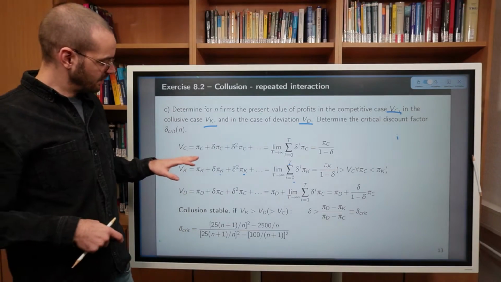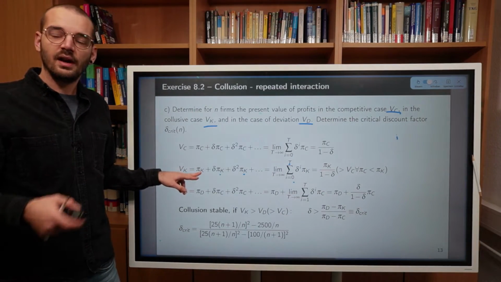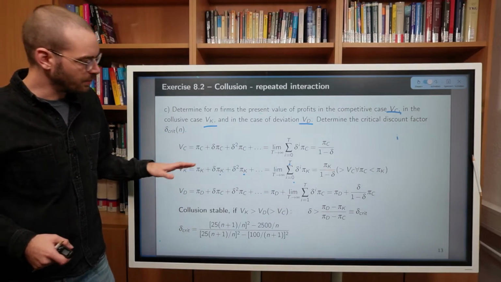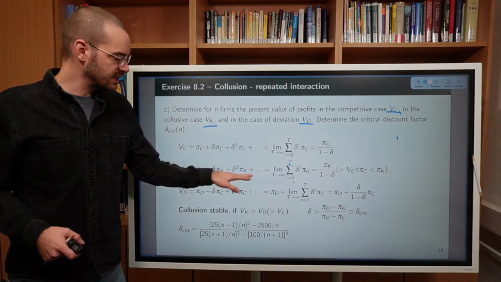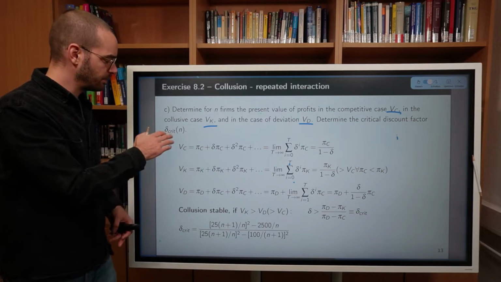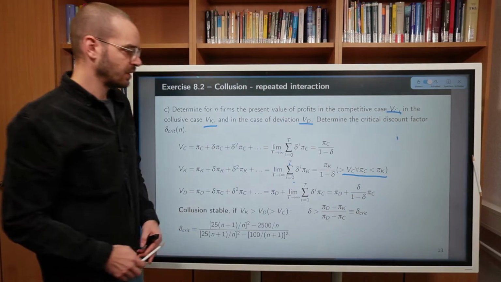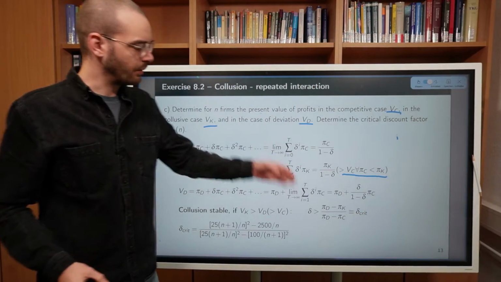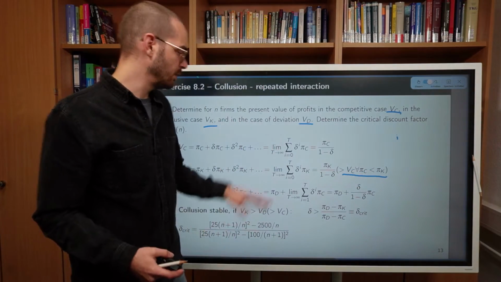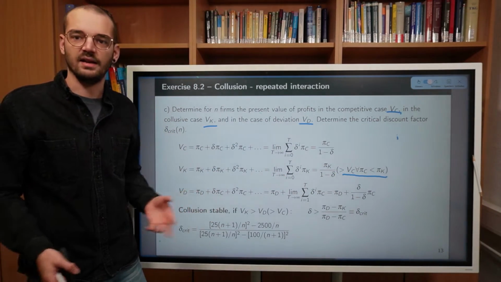And if the profits firms earn in each and every period, pi k, under collusion, are larger than the profits they would otherwise earn under competition, pi c, well then logically the present value of these profits under collusion is larger than the present value of the profits under competition. And that is what is written down over here. So we immediately know that for any given pi c smaller than pi k, the present value VC must be smaller than the present value VK as well.